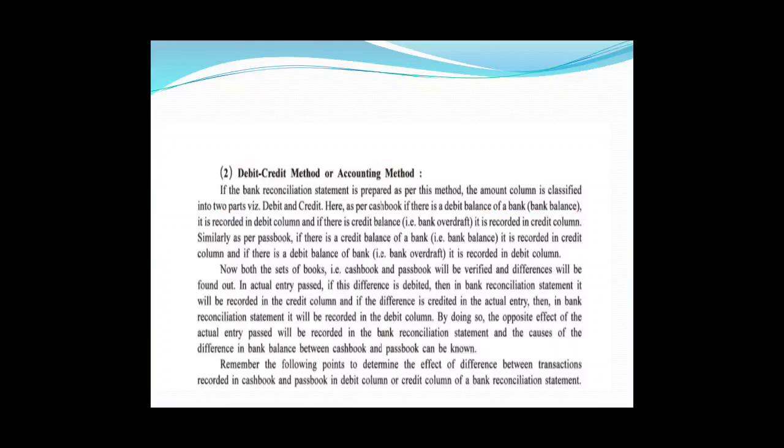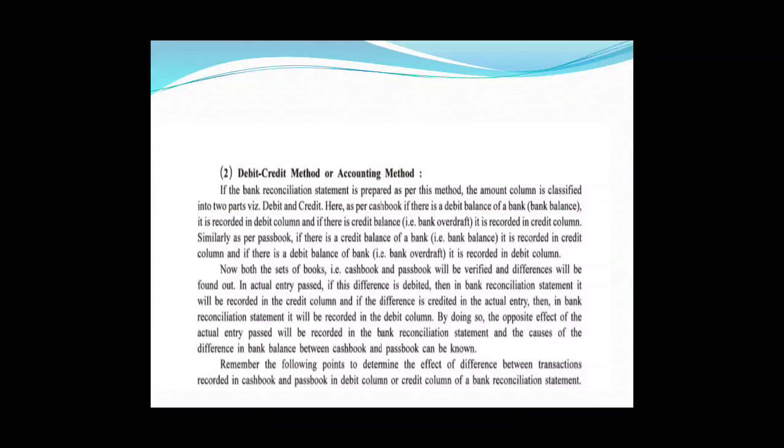And friends, before solving the sum, we will go through the sum and we will find that we will be given the balance of either of the books, that is either the balance of cash book or the balance of passbook, and we will have to start our bank reconciliation statement with that balance.